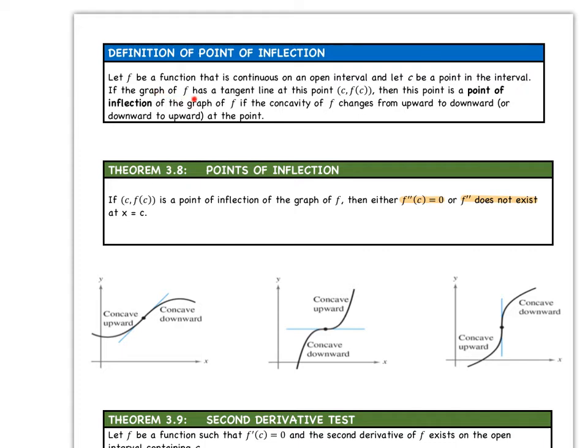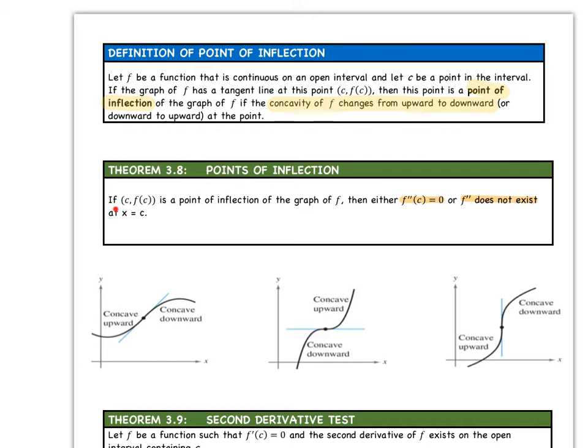If the graph of f has a tangent line at the point c, f of c, then this is a point of inflection of the graph of f if the concavity of f changes from upward to downward or vice versa. So a point of inflection is where the concavity changes from upward to downward or downward to upward at that point.